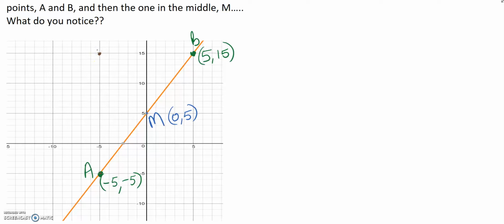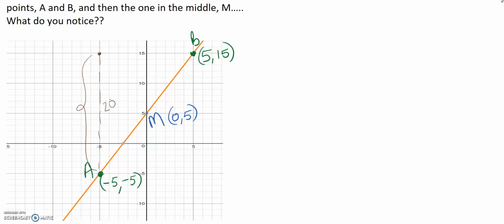What is the distance from there to there? From there it goes 5 up, then 5, 10, 15 up. So that's a total of 20. From there to there, that's a distance of 20.